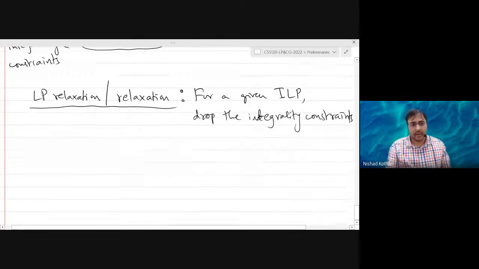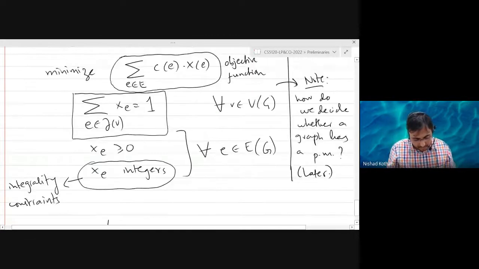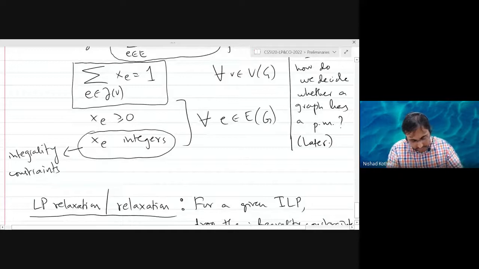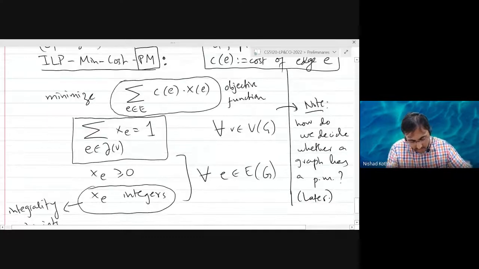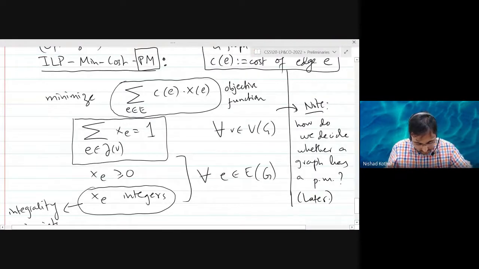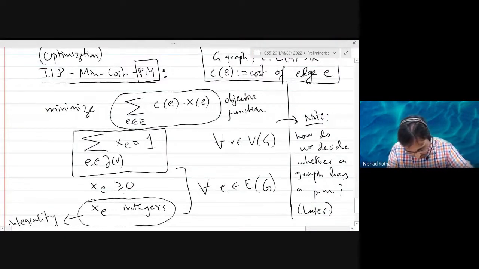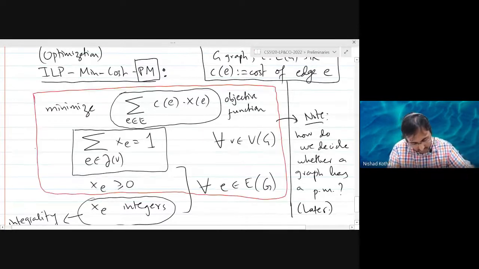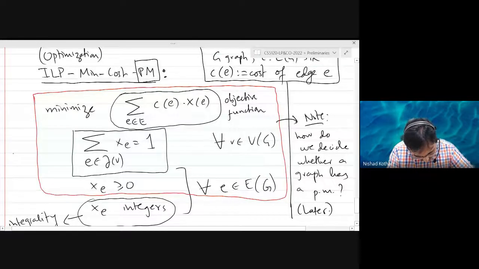In particular, for our problem, if we just remove these integrality constraints, we will get a linear program. So this part here is our relaxation.